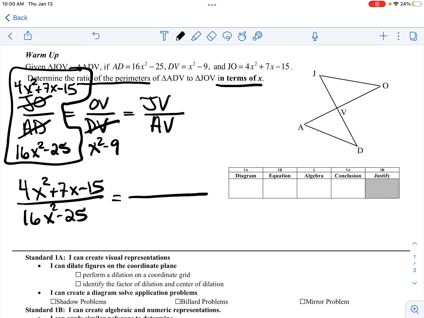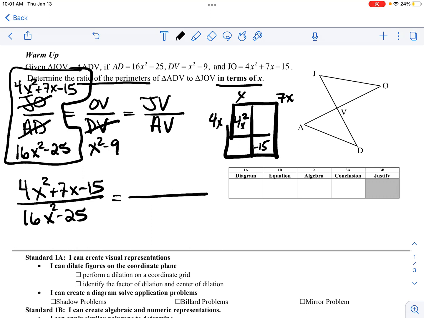So here we go. I'm going to go ahead and factor my numerator. I like to make my area model. I got a 4x squared here, a negative 15 here, a 7x there. I got to think of numbers that work. I'm going to take my time. Let's try 4x and x. That would make x squared. Numbers that multiply to 15 are 5 and 3.